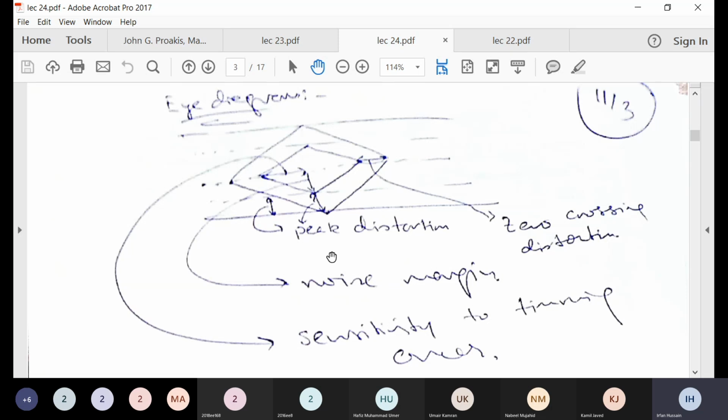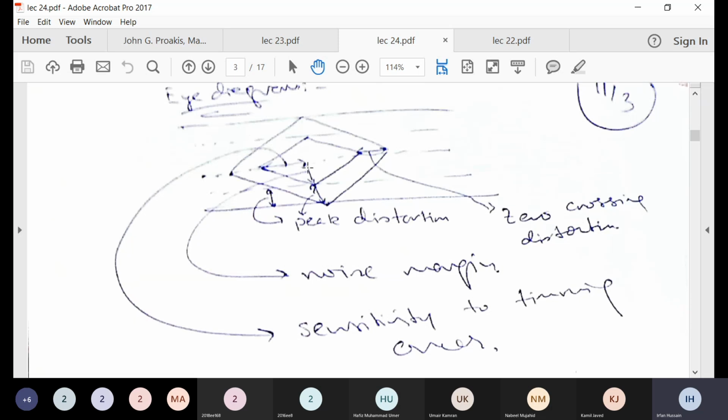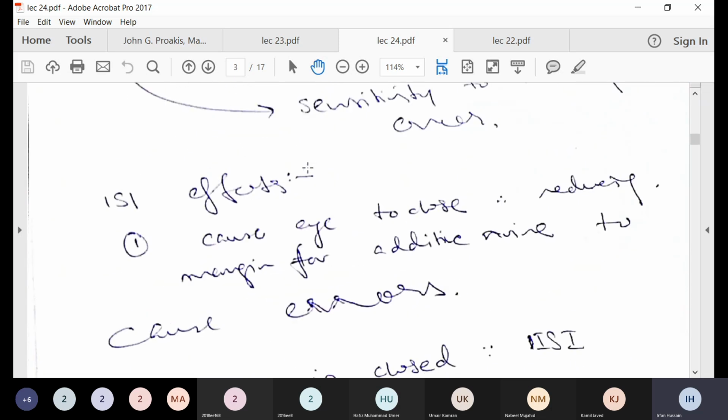This is the sensitivity to timing error, because this zero crossing distortion is actually defining the sensitivity. If this would be very, very small, then the eye will be totally closed and you won't know when your symbol is ending, and then you will have timing errors.